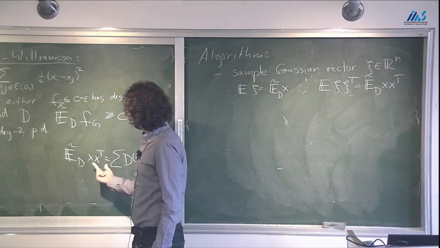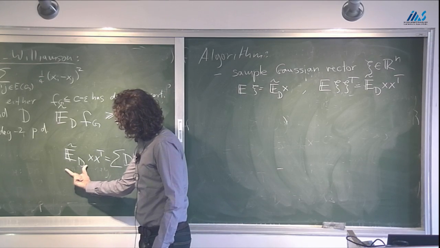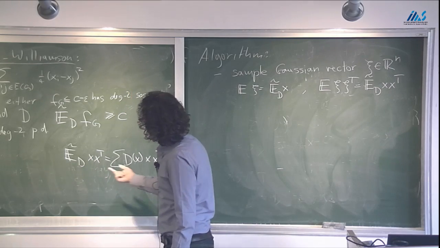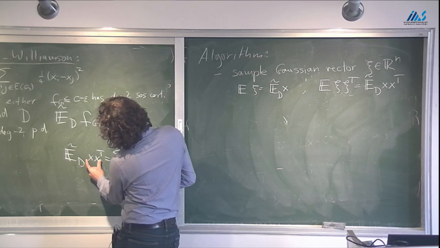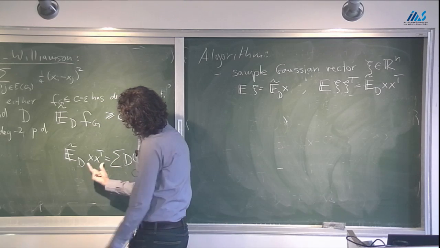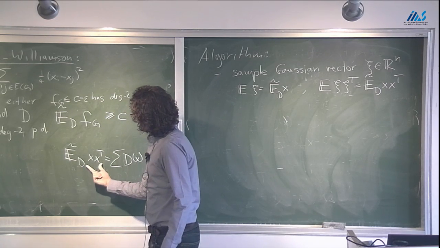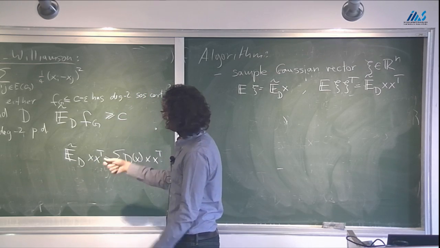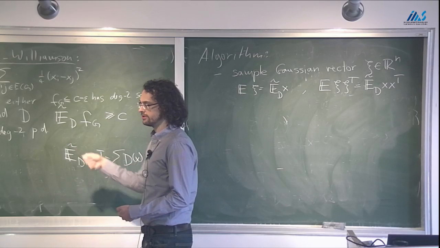Before, I used this notation just to denote the expectation of a function. The way you should think about it is that x x transpose is a matrix-valued function on the hypercube. For every point x of the hypercube, it gives me a matrix x x transpose.